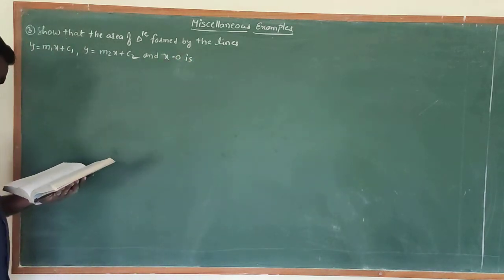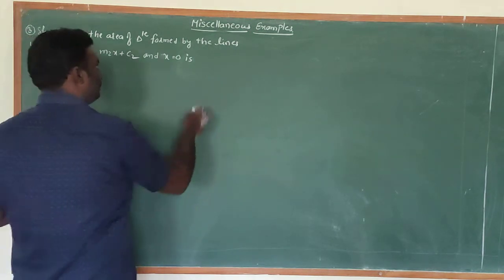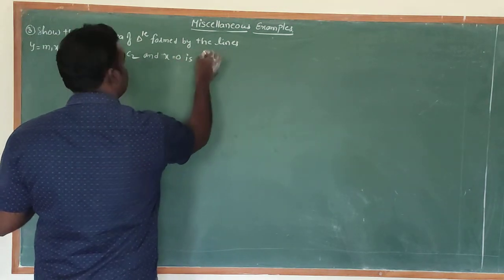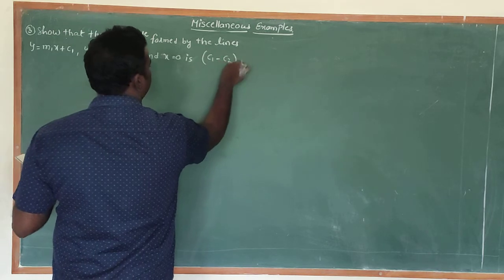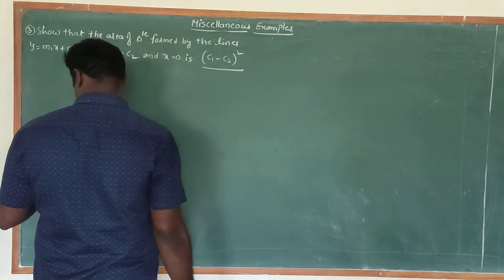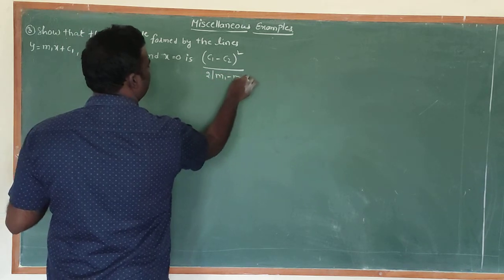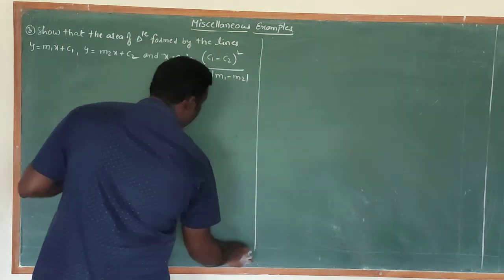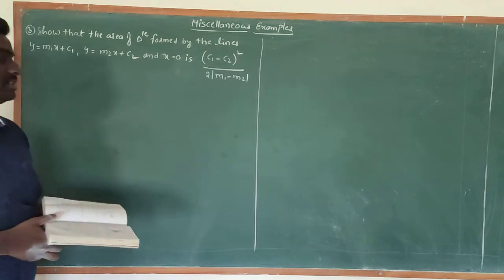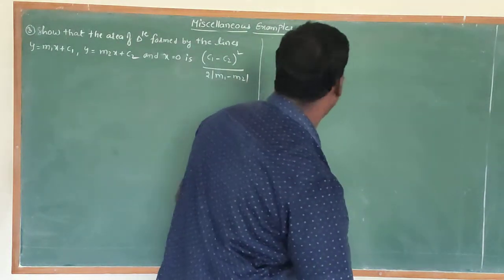Y axis. is c1 minus c2 whole square by 2 into modulus of m1 minus m2. Students, we use this formula in objective. Okay.